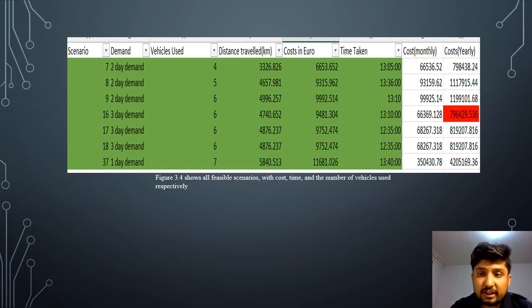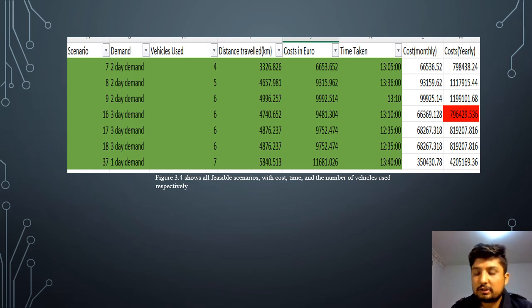And we can also see the monthly cost for all the scenarios, which we get by multiplying by 15 in case of a 2-day demand, and by 10 in case of a 3-day demand, and then we also get the yearly cost.